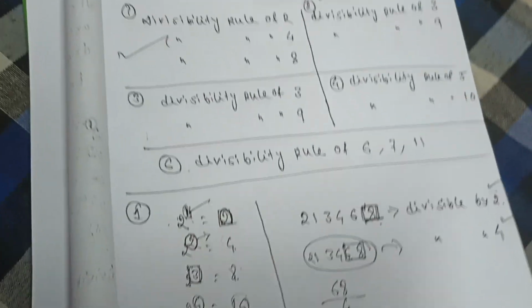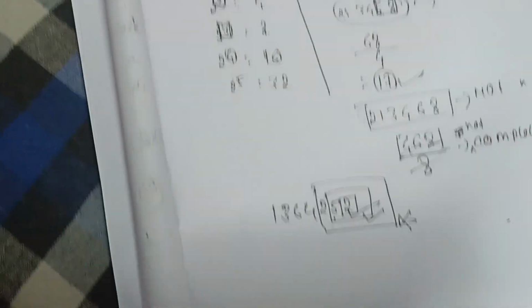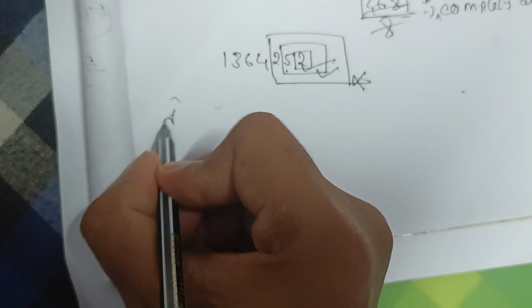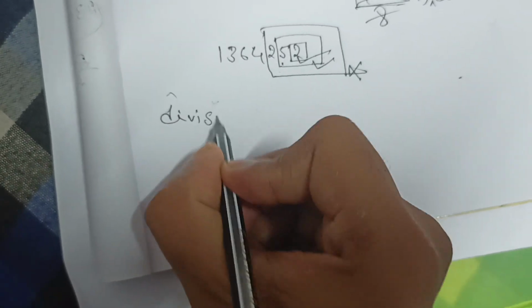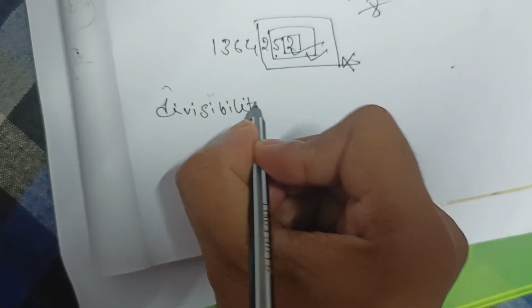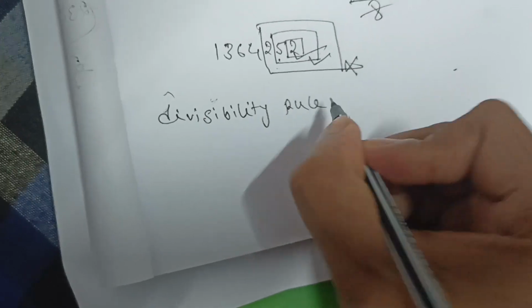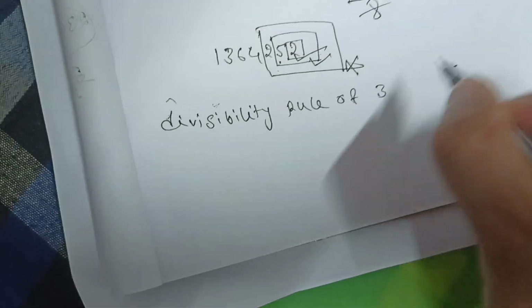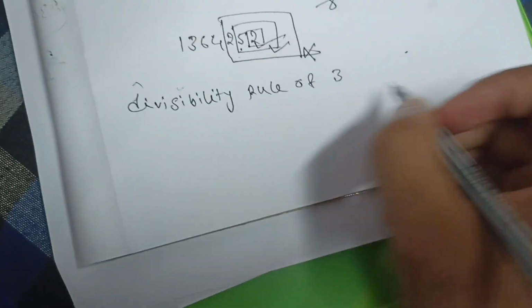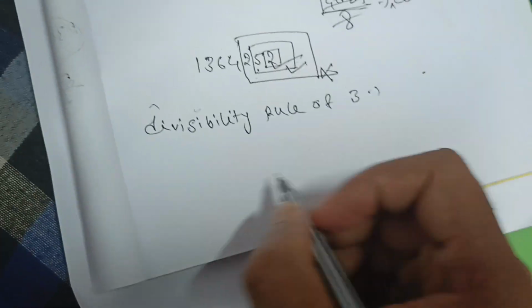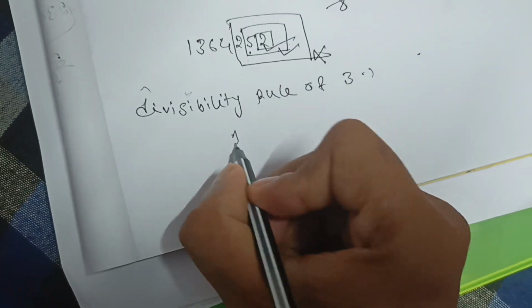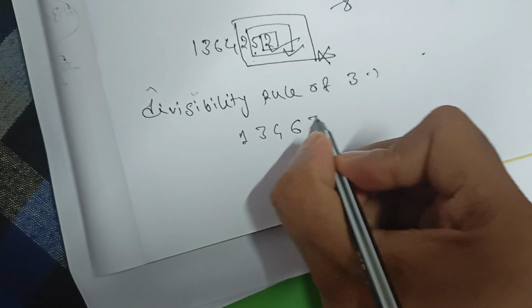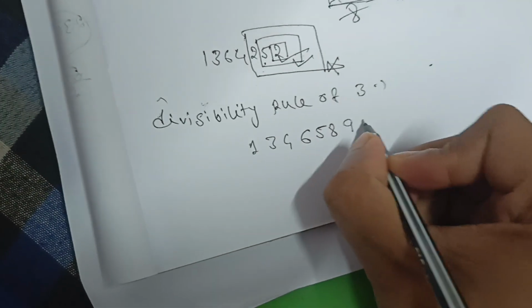Divisibility rule of 3 and 9. So let's see. It is very easy. So 3 and 9. Let's see, 13465892.